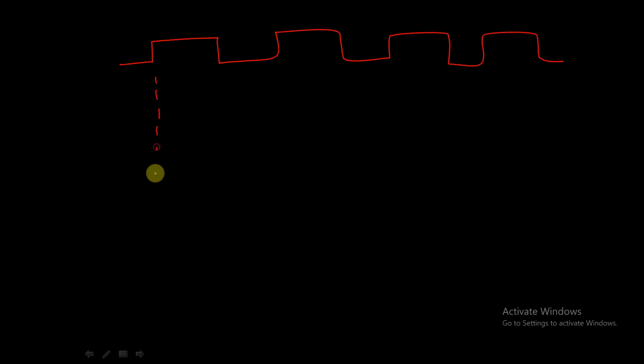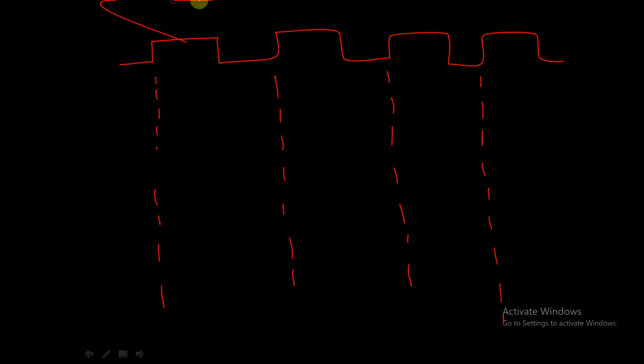So what happens here, let us understand with the help of a waveform. So these are my sampling events, right? Let us say this is my clock positive edge, and this is my input.